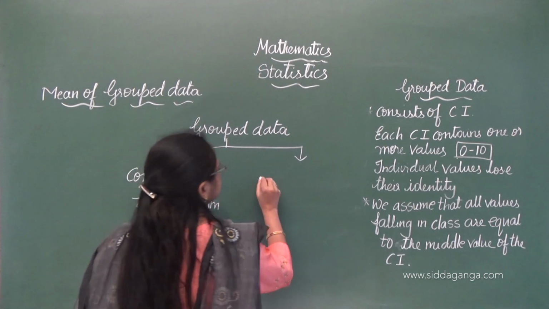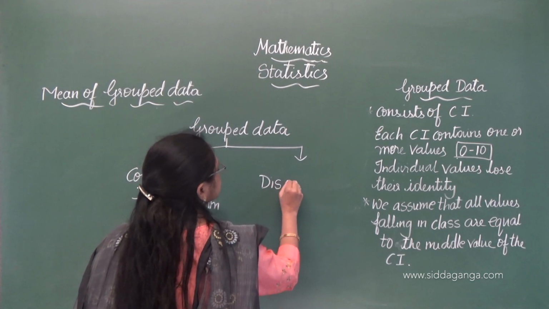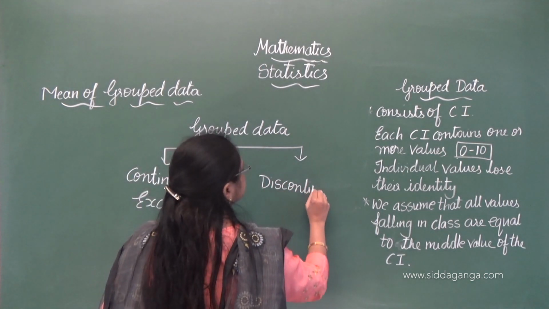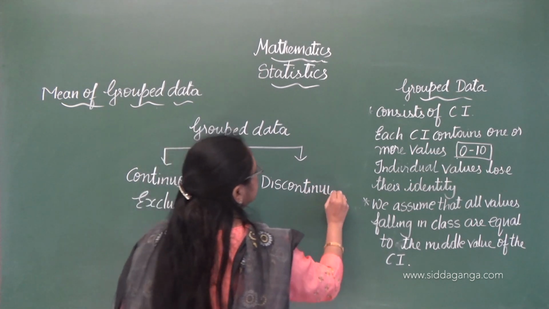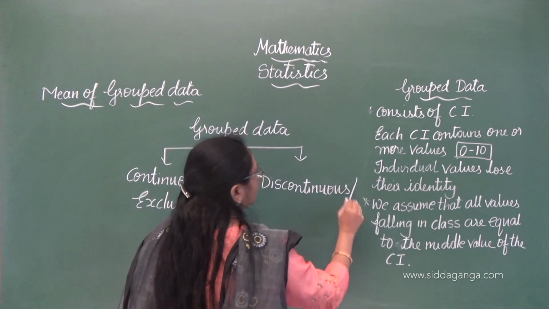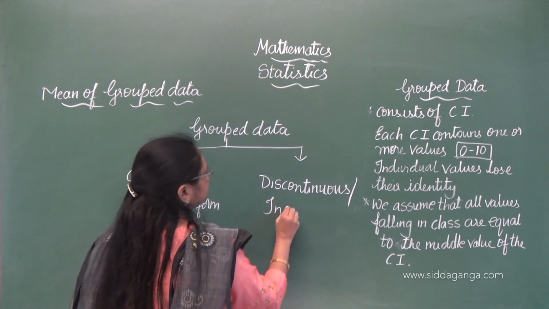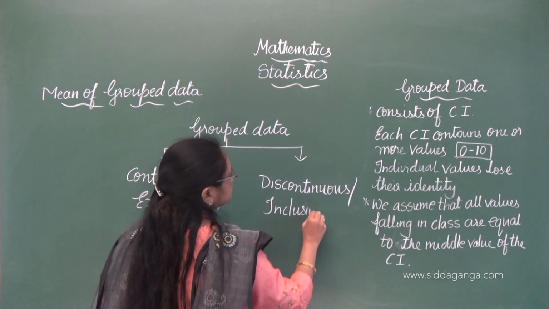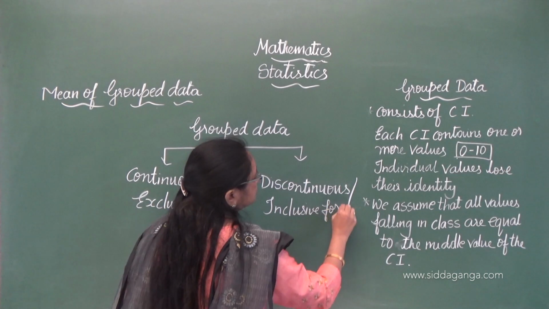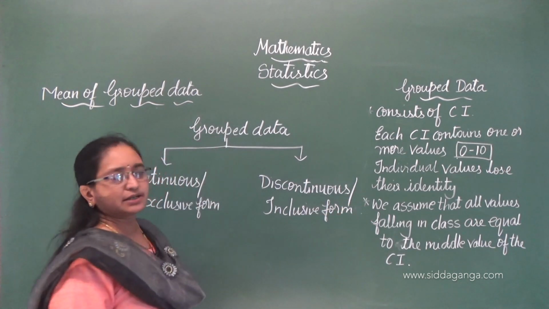Another one is discontinuous or inclusive form. So there are two types of grouped data.